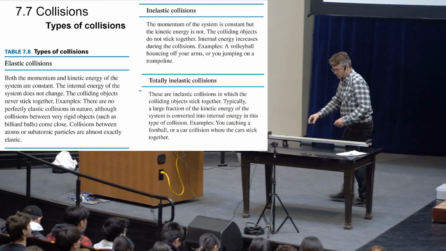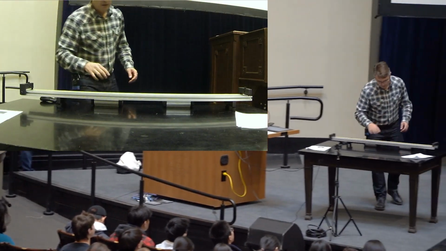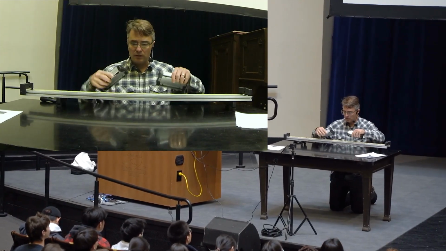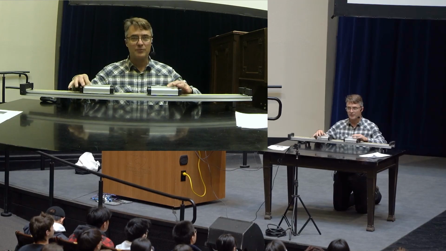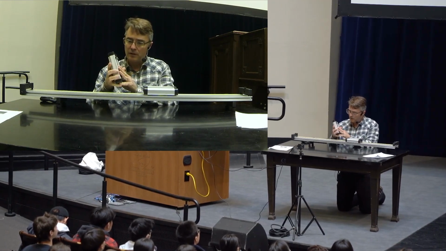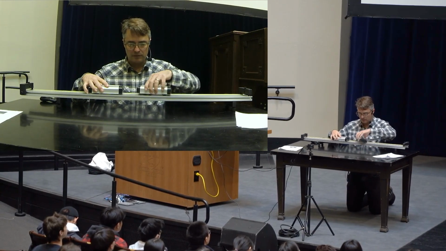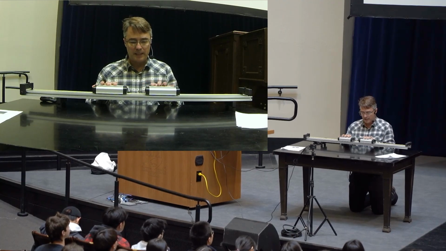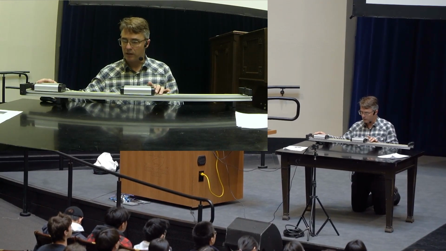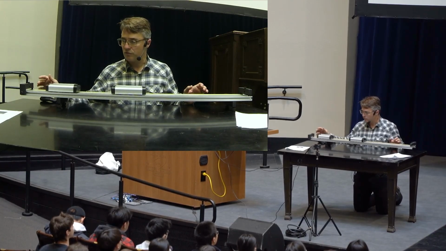So let's just show them here. What you can do is set up the collision carts. So that's totally inelastic when they have Velcro, and when they have the magnetic repulsion, you can get something that's pretty close to an elastic collision, where they just transfer.